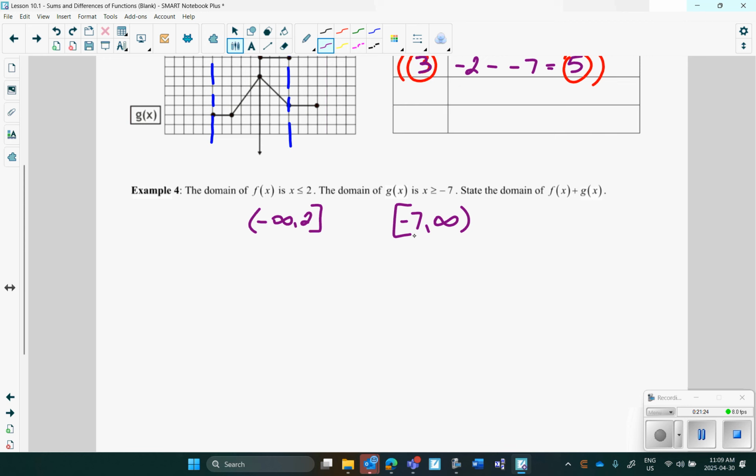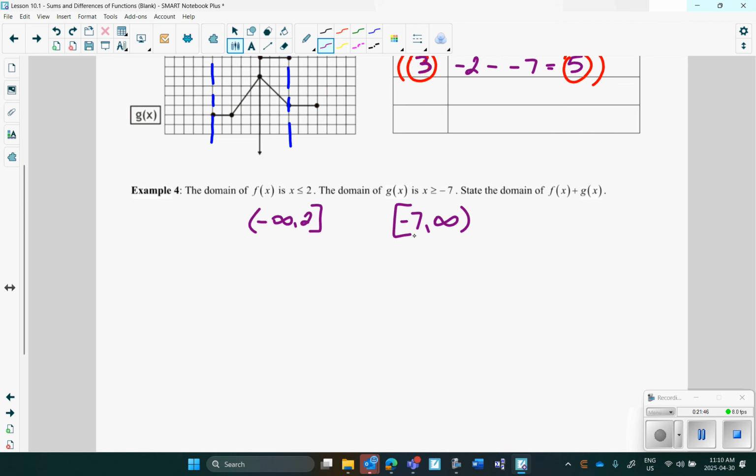Right. Everybody see how it's -7? I need to find what's in common. -7, but anything below -7 is not in this interval. So that basically takes this out. -7 is still in here.